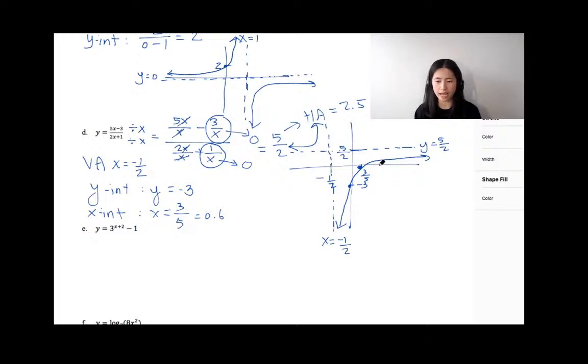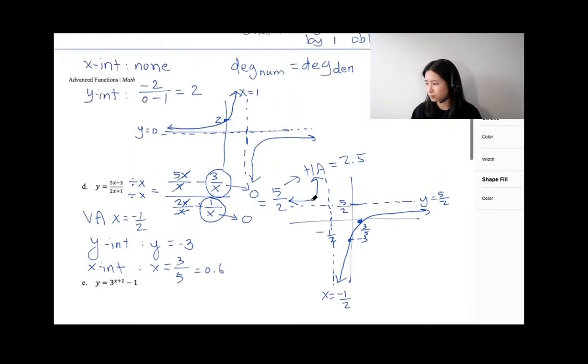You're going to see that if you plug in 1 here, you're going to get 0.67, and that's why it's right here. That's why if you have x is equal to 1, it should be around 0.67. Does that make sense? And then how do you know it's going down, right? How do you know it's below your x-axis over here? So you're going to have to find a number that is in between -1/2 and 0. That's why you can actually see that it's sloping down.